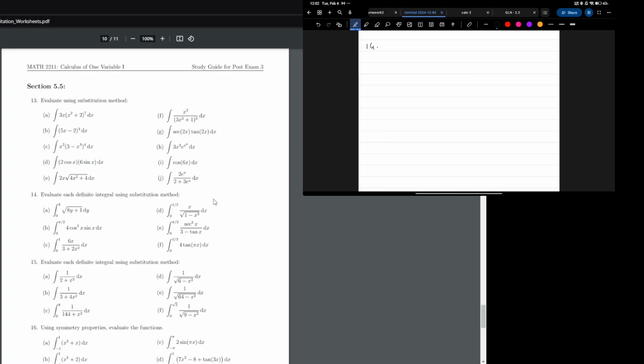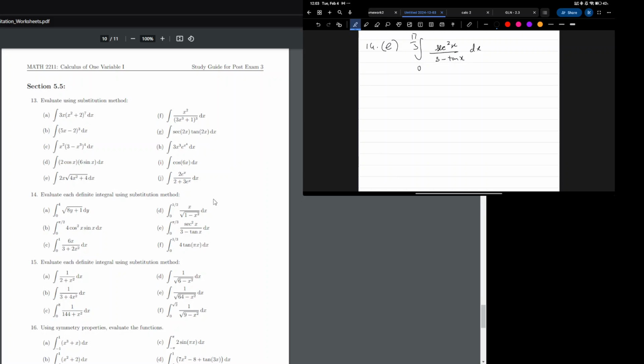E looks a bit scary, but trust me, it's not. First of all, can anybody tell me what's the derivative of tan x? Secant square. Perfect.